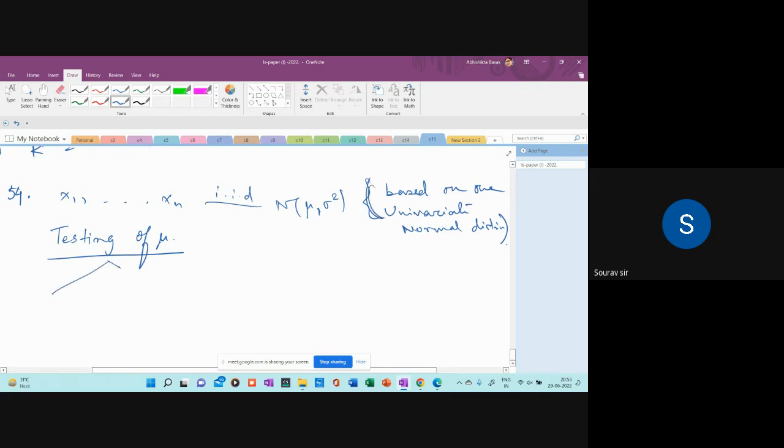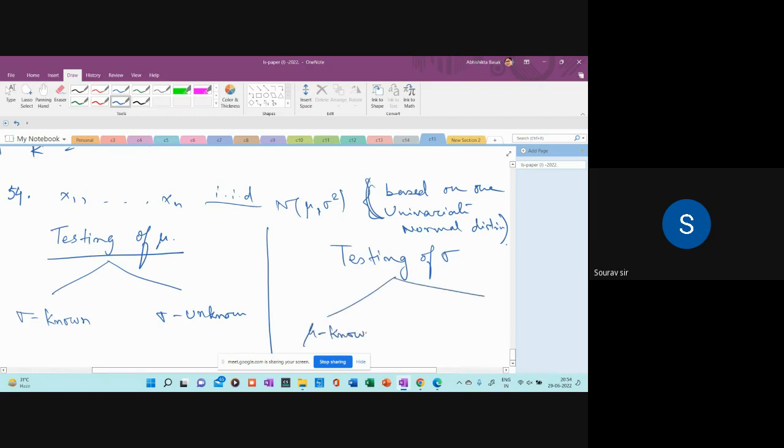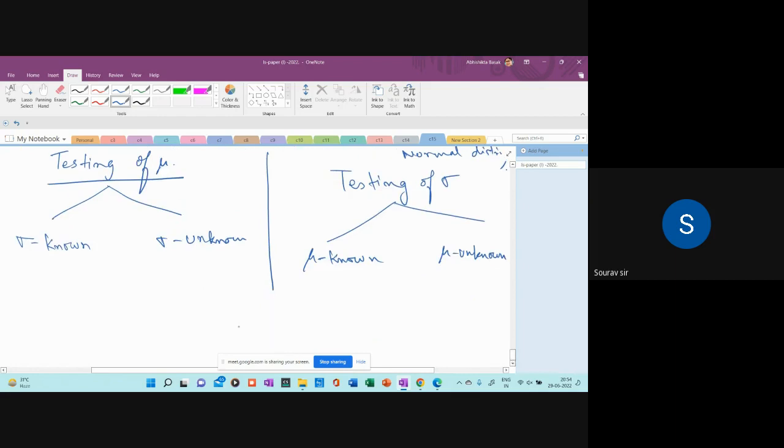If we have a test for mu, we basically have two cases: where sigma is known and where sigma is unknown. And on another side, we have testing of sigma, where again we have two cases: where mu is known and where mu is unknown. Now how do we classify our problem? As per the problem, the test is going to change.